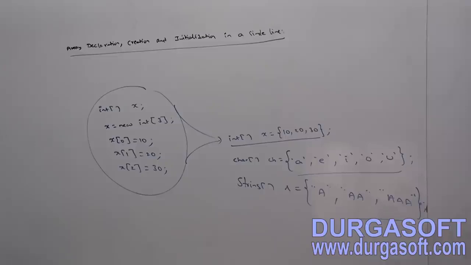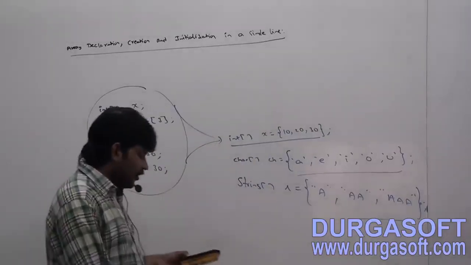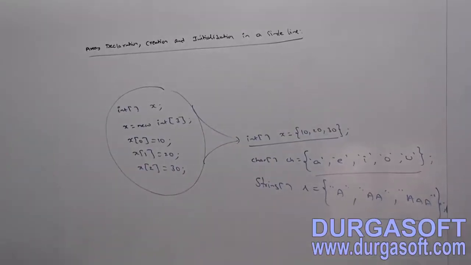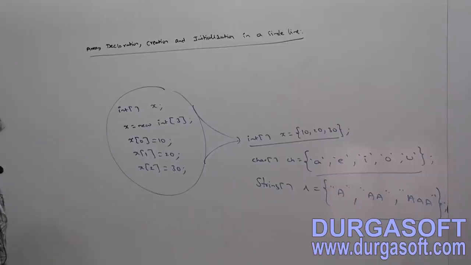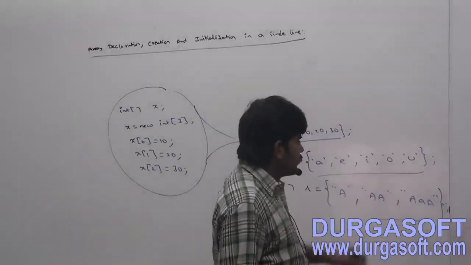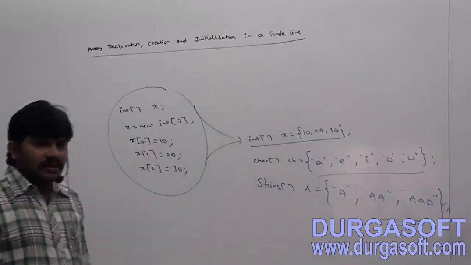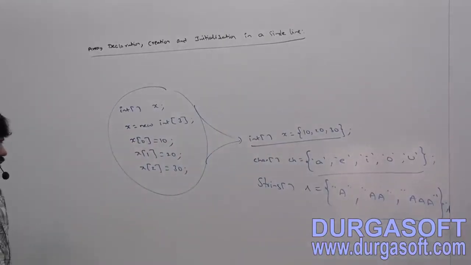Like char array ch is equal to a, e, i, o, u. Next string array s is equal to a group of strings, like this. Are you getting it?